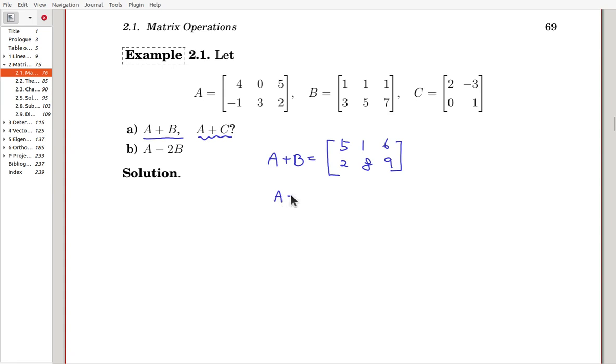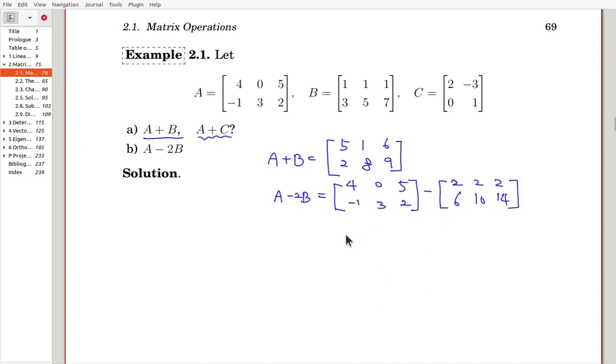A minus 2B. Here we write down A: 4, 0, 5, and minus 1, 3, and 2. That is A. And here the 2 can be multiplied inside, so that is a scalar multiple. Let's multiply by 2: 2, 2, 2, and 6, 10, 14.